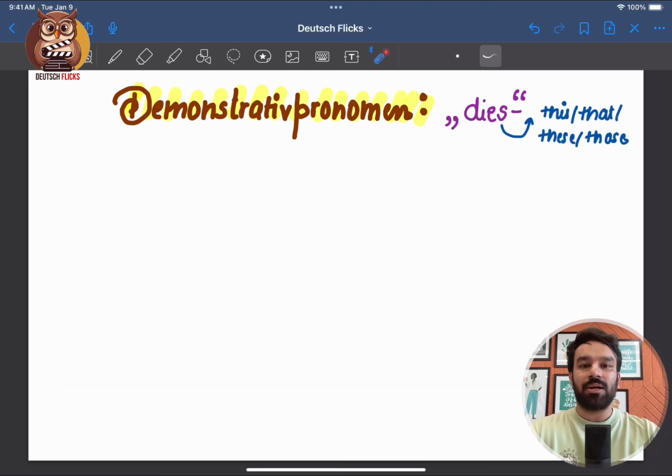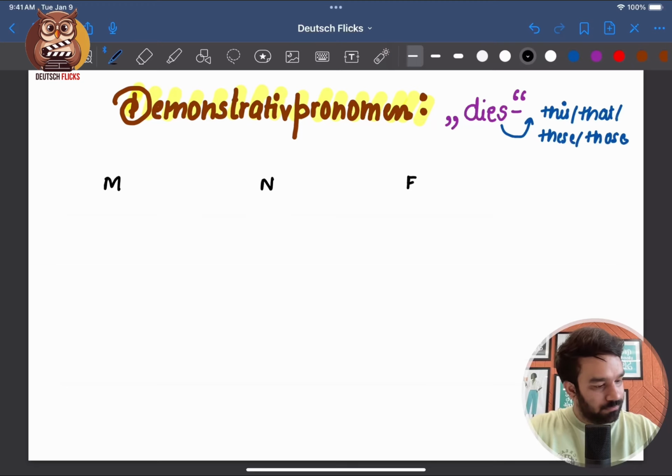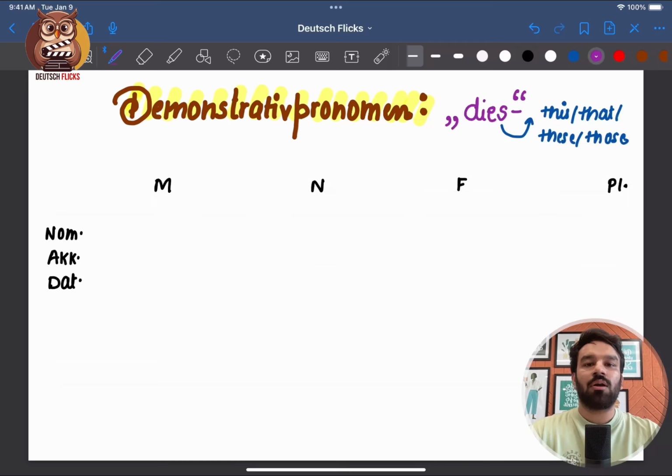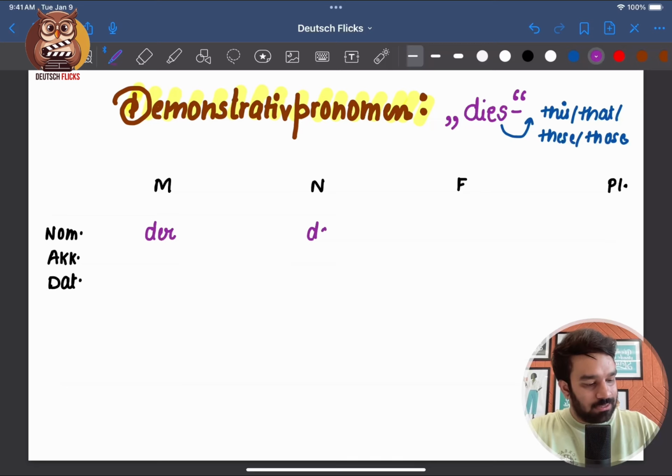Now what we'll do is make a definite article table, because that table will help you make the table for diese. Okay, so nominative: masculine der, neuter das, feminine die, plural die.